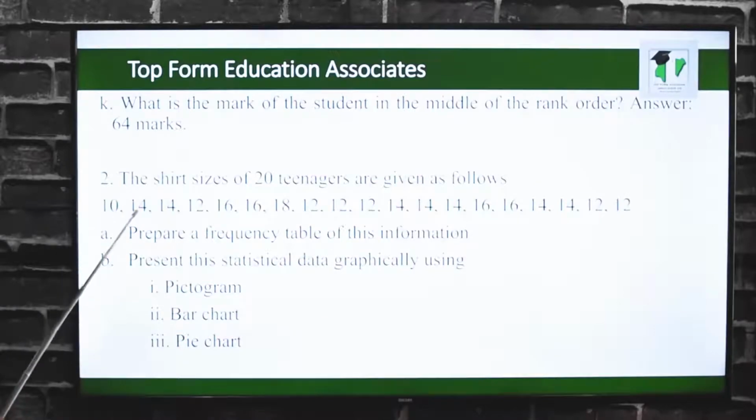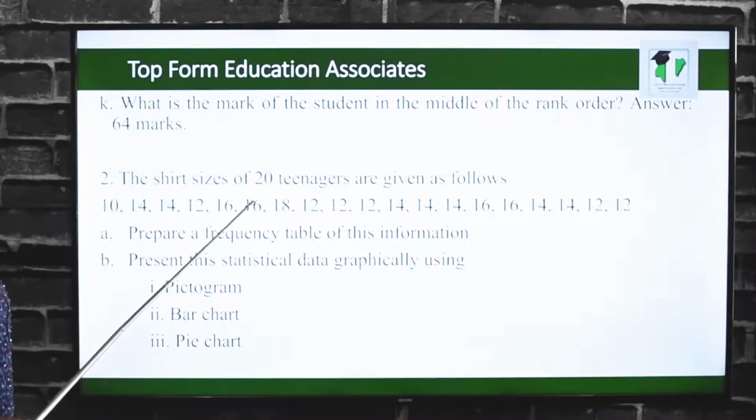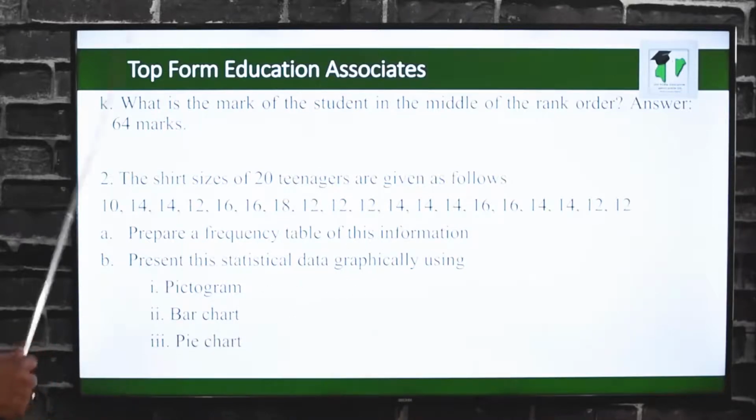You now begin to check how many teenagers have each shirt size. You count them one after the other. Shirt size 10, shirt size 12, shirt size 14, shirt size 16, and shirt size 18, counting the number of times they occurred. And when you do that, you will have this frequency table.